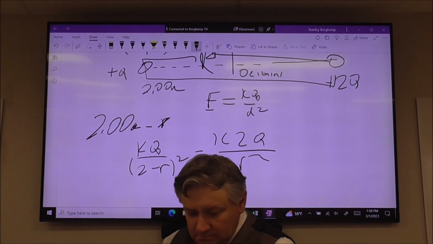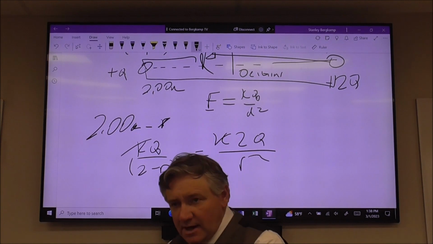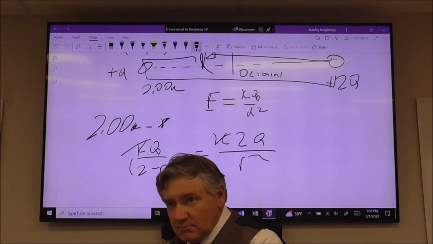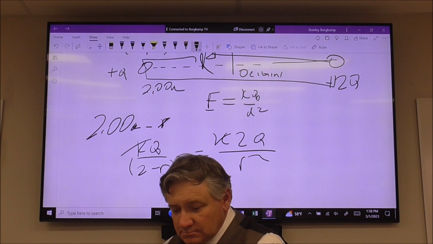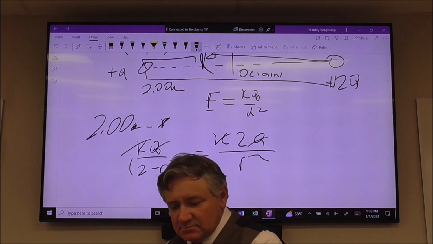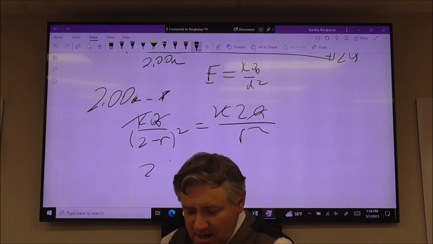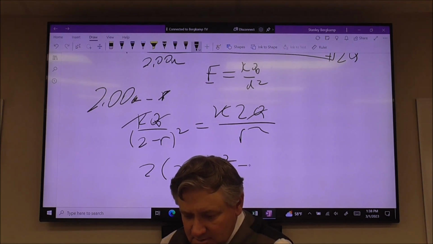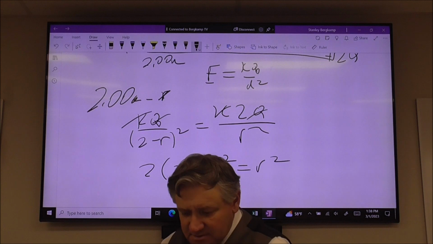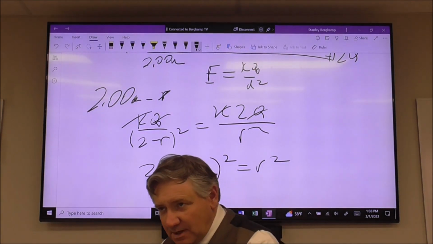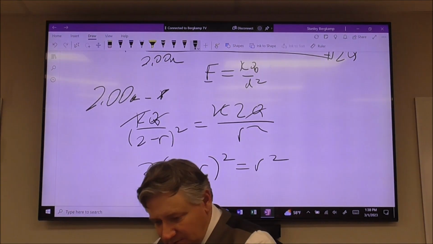K is going to cancel out, right? Yep. What about the Q's? The Q's cancel. So you're going to have 2 times 2 minus R squared equals R squared. Then it turns into an algebra problem. Expand the binomial, boom, there you go.